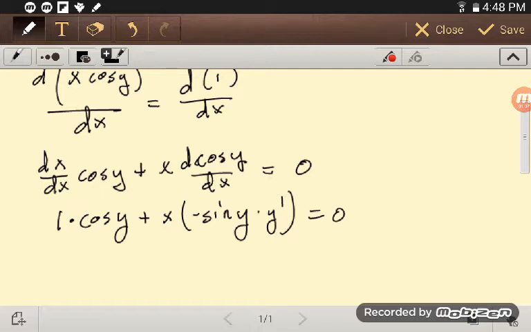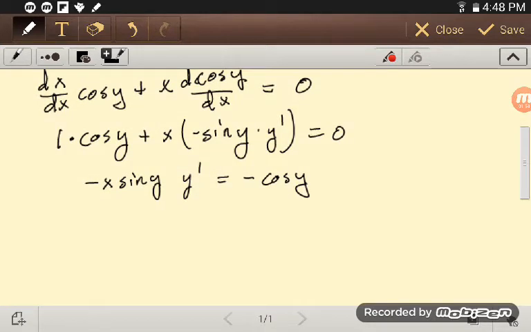So I can solve for the y prime. I'll write this as minus x sine y times y prime is equal to negative cosine of y. So dividing, I have y prime equals, well, negatives cancel out, and I have cosine of y over x sine of y.